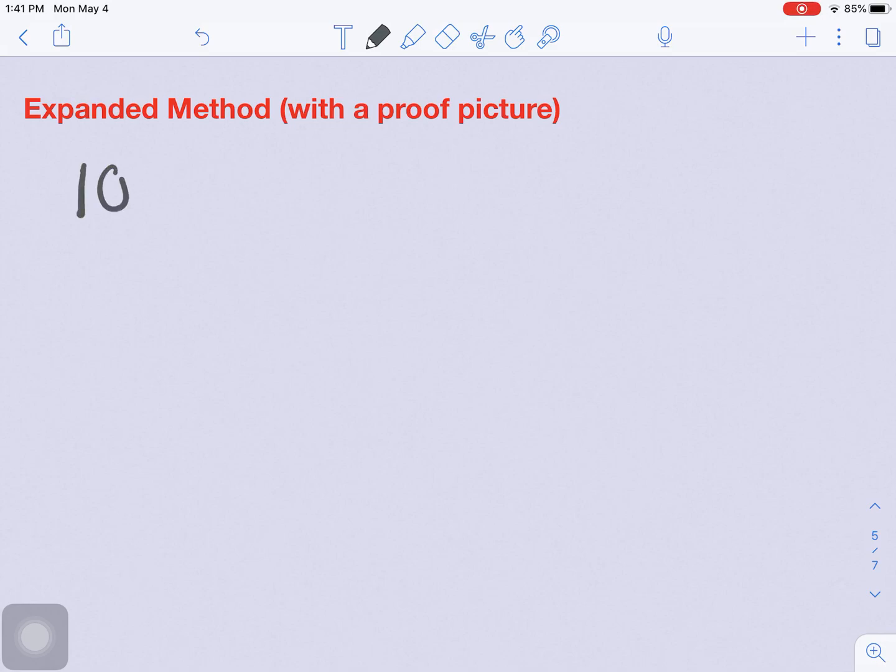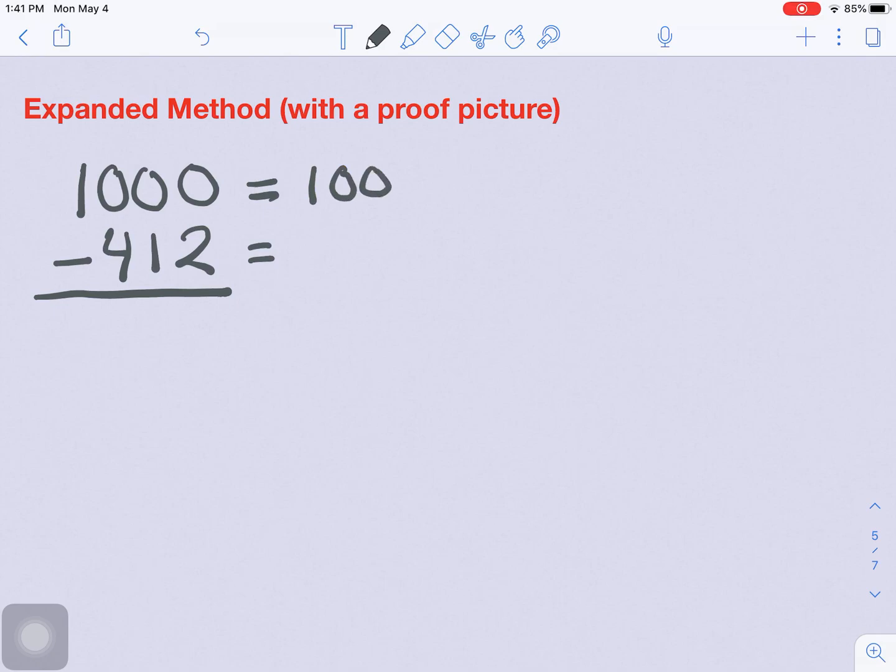So if I have 1,000, and I am going to subtract 412. And like I said, this gets a little bit drawn out, but for some people it helps with place value. So my 1,000, I would have 1,000. I don't have any in the hundreds place. I don't have any in the tens place. And I don't have any in the ones place.